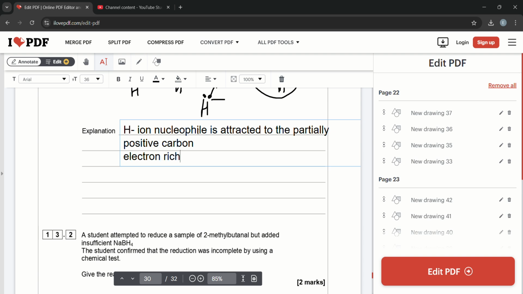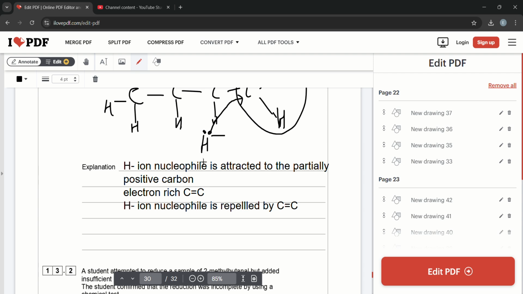However, the electron-rich carbon-carbon double bond, the H- ion, okay, the nucleophile, is repelled by the carbon-carbon double bond. So the H- ion nucleophile is attracted to the partially positive carbon. That is true.